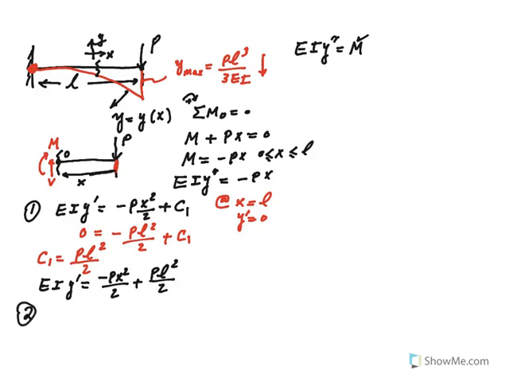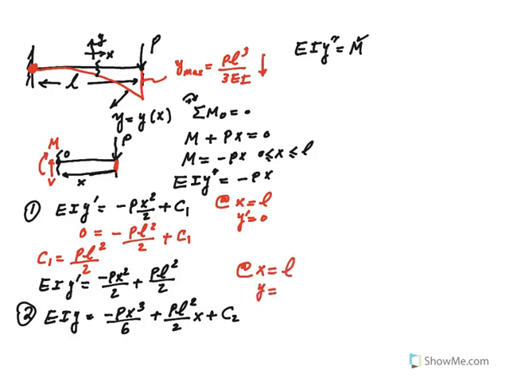All right, let's integrate one more time and get to the equation of the elastic curve, the deflection. So this time we get minus Px cubed over 6, plus PL squared over 2 times x, plus another constant of integration. This time our boundary condition is also at x equal L, y is 0, right here. Deflection is 0. So if you put y equal 0 and x equal L, we get minus PL cubed over 6 plus PL cubed over 2 plus C2.